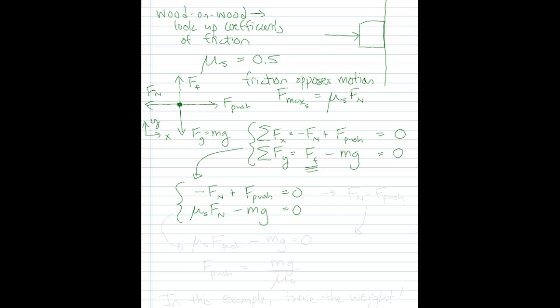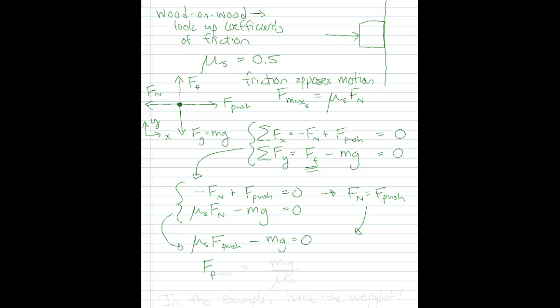And so I can solve one of these equations for the normal force and then substitute that back in. So I have mu s times, instead of the normal force, F push, minus mg equals 0.